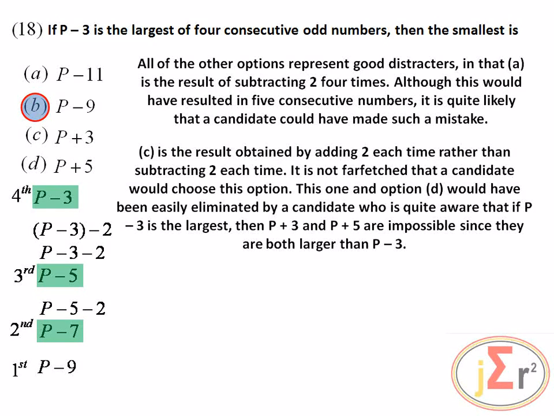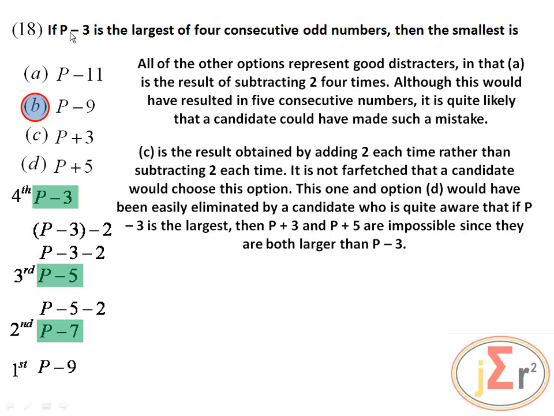And of course, they are good distractors because sometimes students need to go in a particular direction in solving a problem, and because of the way that the problem is stated and their interpretation of the problem, they go in the opposite direction. So by going in the opposite direction, one may want to say 4 times 2 is 8, and we are going to add 8 to p minus 3.